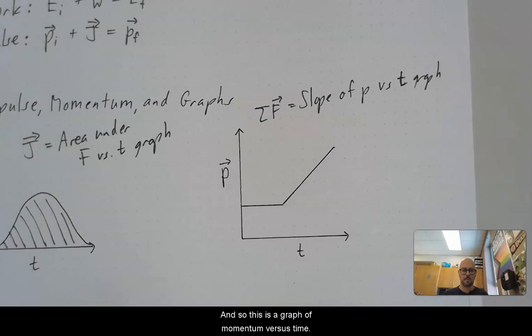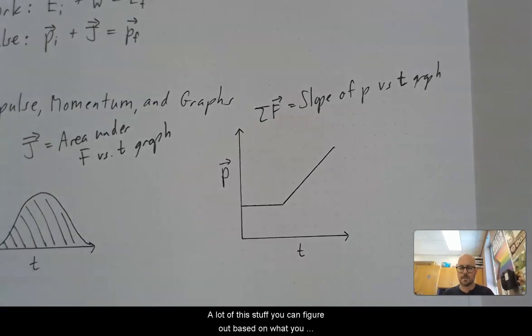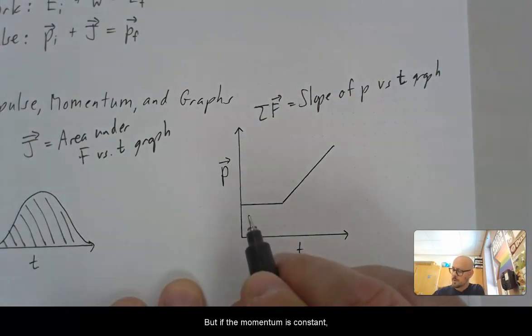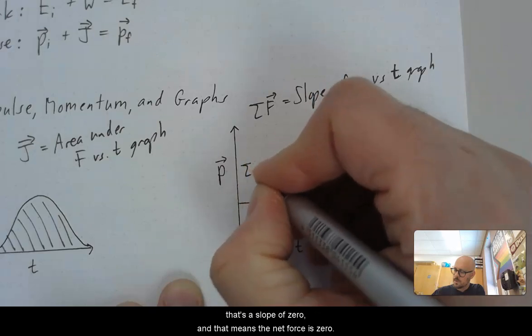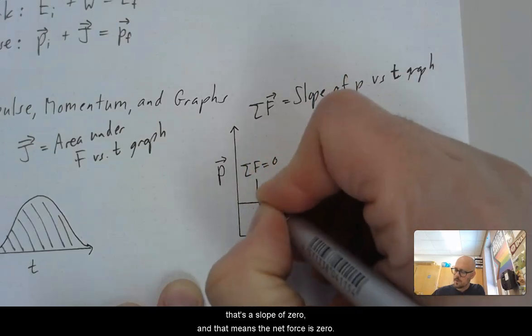And so this is a graph of momentum versus time. A lot of this stuff you can figure out based on what you know about physics already. But if the momentum is constant, that's a slope of 0, and that means the net force is 0.